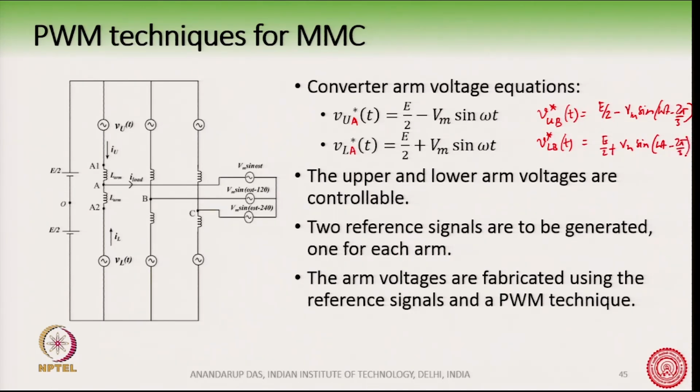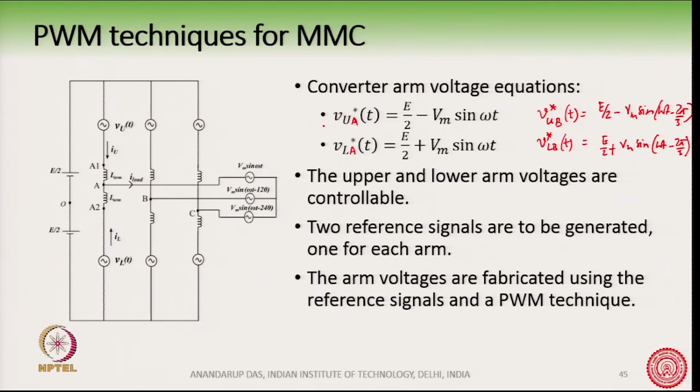And similarly, you can also write the C phase references. So, this reference voltage is what is given to the PWM block. What is the purpose of the PWM block?